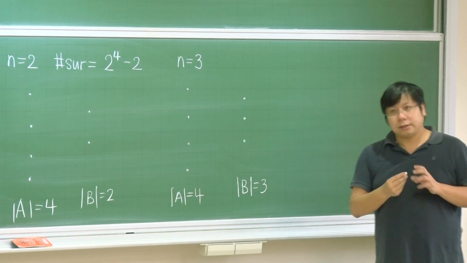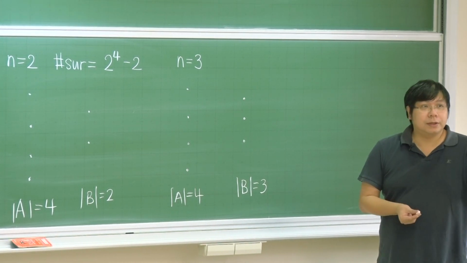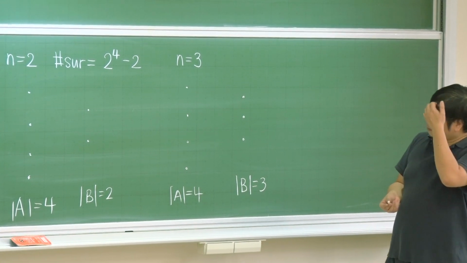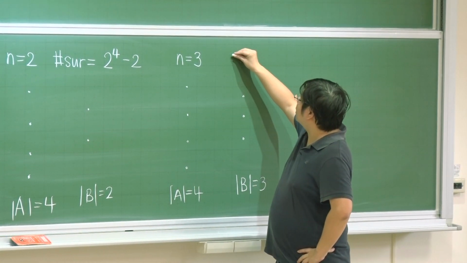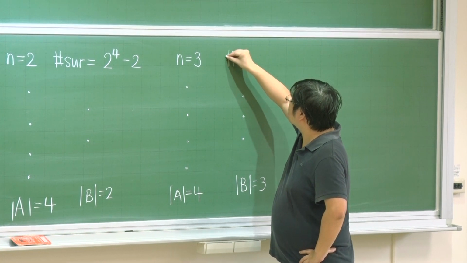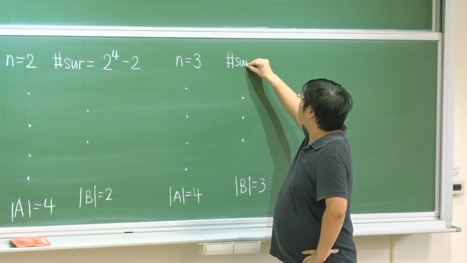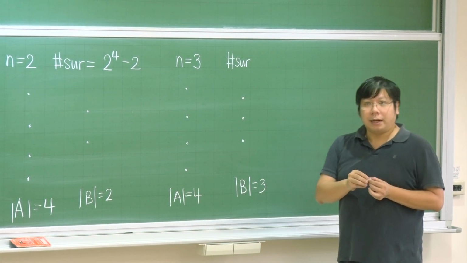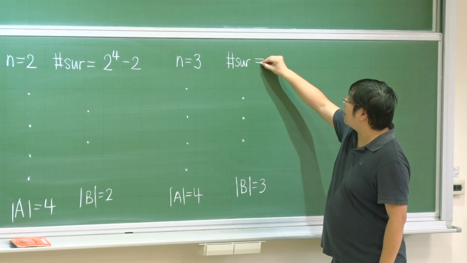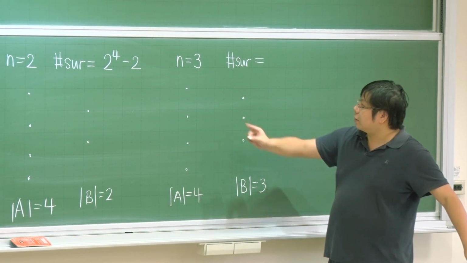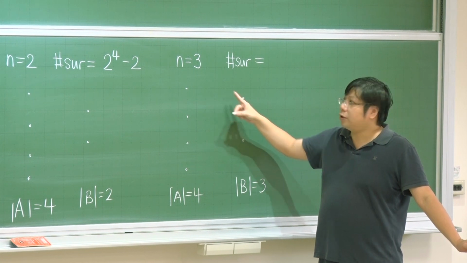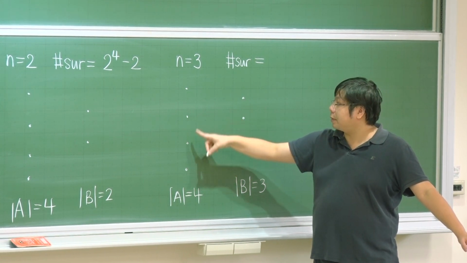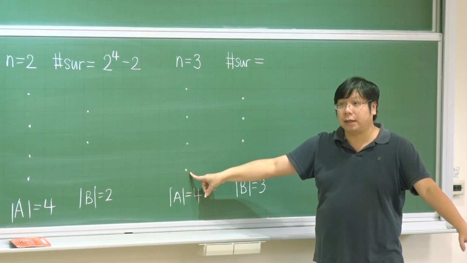Let's go over the same logic here. We hope to count the total number of surjections, but we do not count it directly. Let us count the total number of functions. How many functions are there? There are going to be 3 choices for this one, 3 choices for this one, 3 choices for this one, and 3 choices for this one.